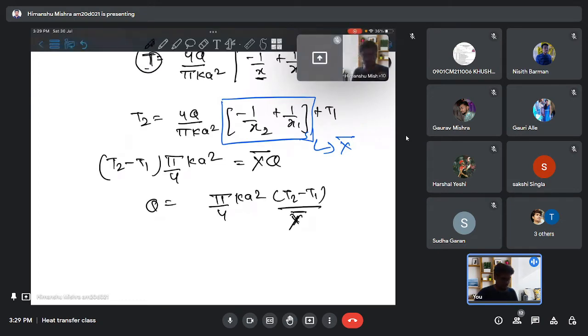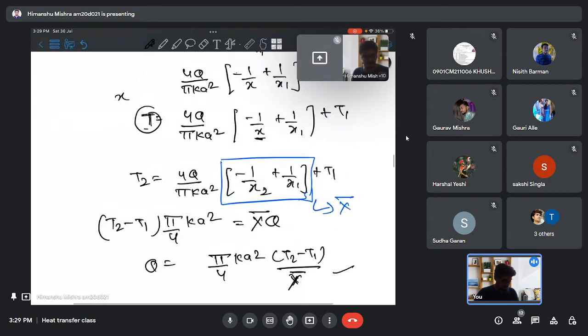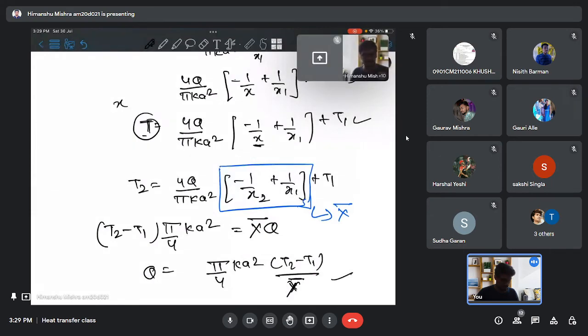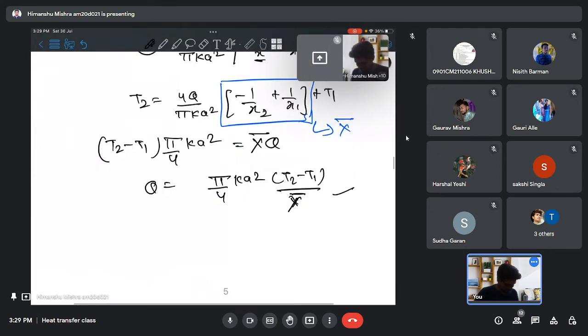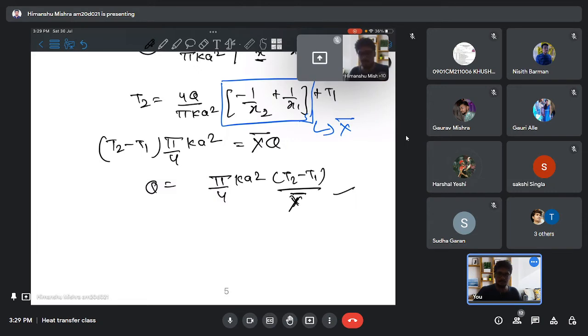So this will be my heat transfer, and this will be my temperature distribution here. So any doubt in this? No, sir. Okay.